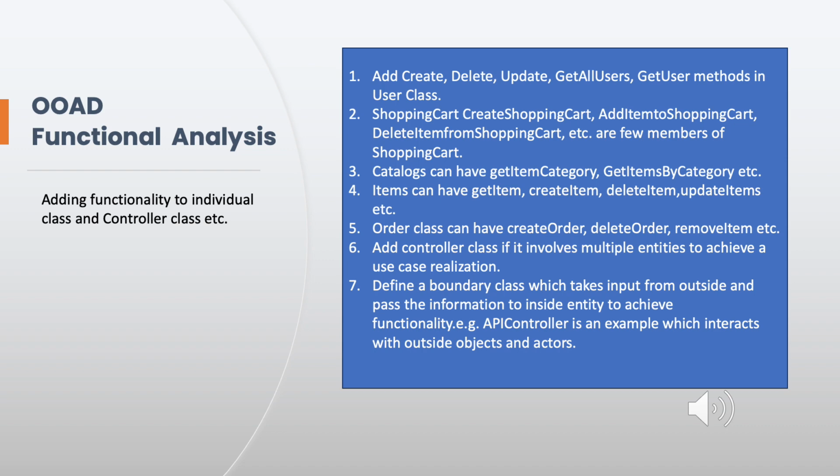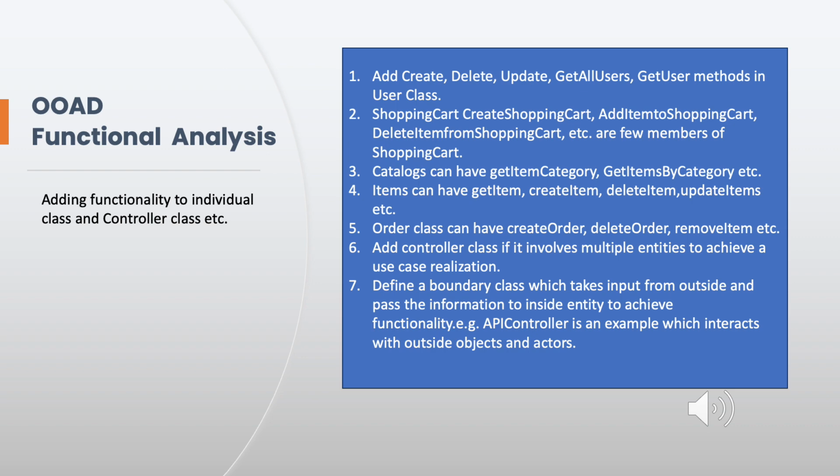Once the dynamic analysis has been completed, the next step is functional analysis, where we add functionality to individual classes and controller classes, etc. User class can have create, delete, update, get all users, and get user methods.